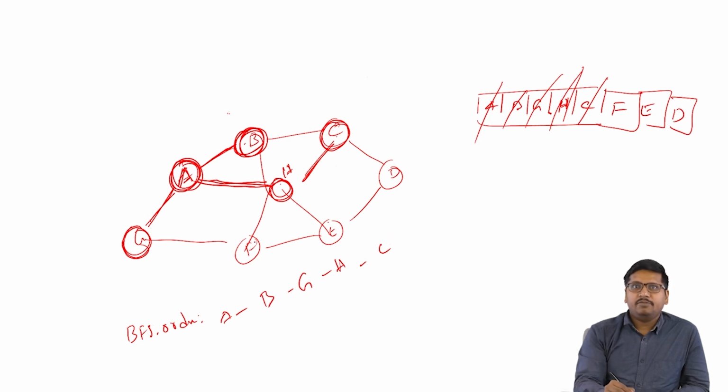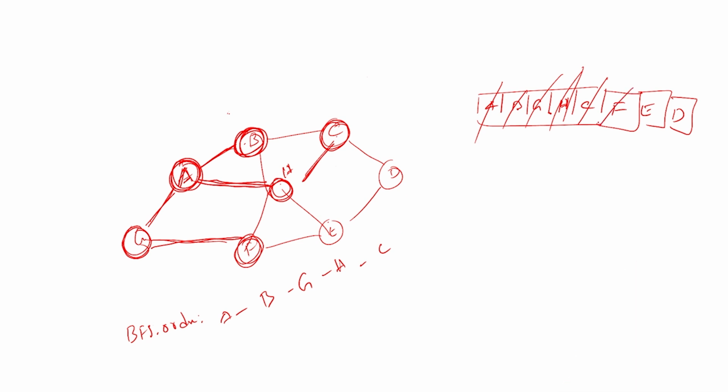Next one is F. So for F, the adjacent node is E, which is already there.